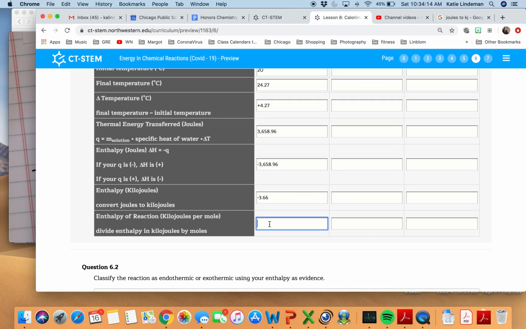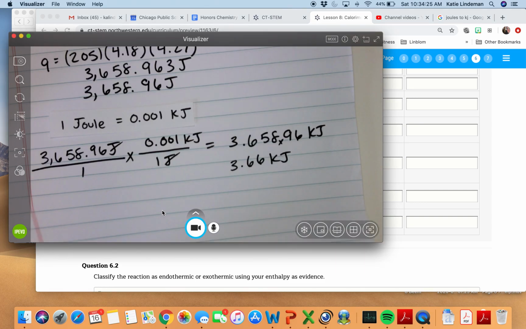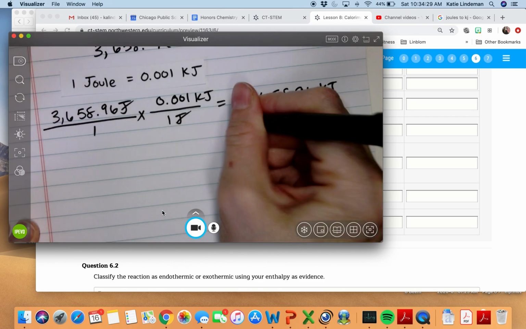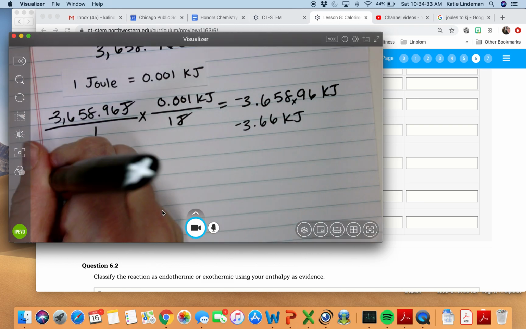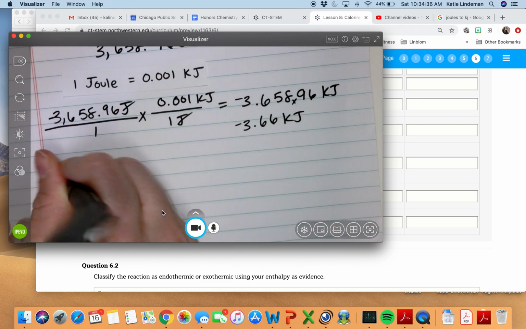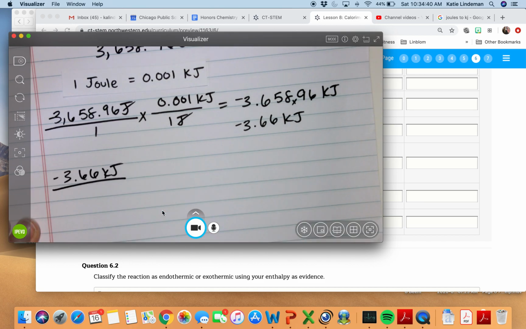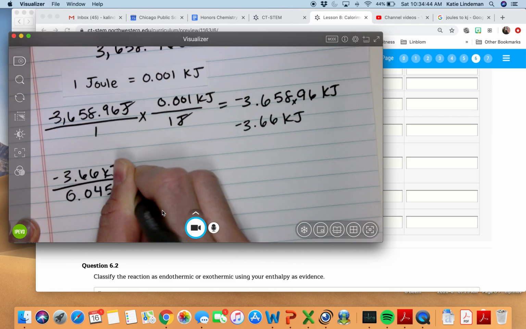And then the next one is asking us the enthalpy of the reaction, so kilojoules per mole, okay? So we want to divide the enthalpy in kilojoules by moles. Okay, so my enthalpy in kilojoules, and I forgot to put negatives on all those, is negative 3.66 kilojoules divided by, I had 0.045 moles.